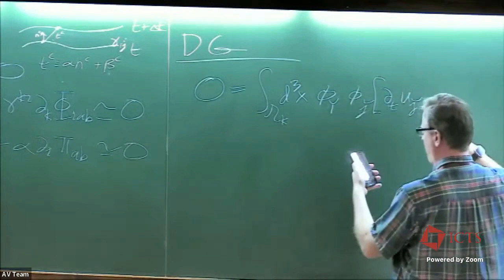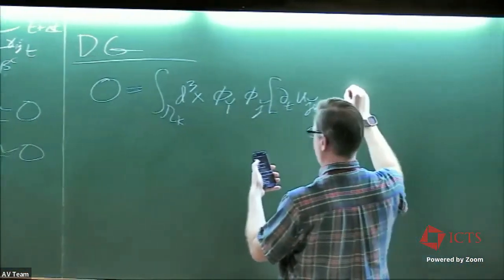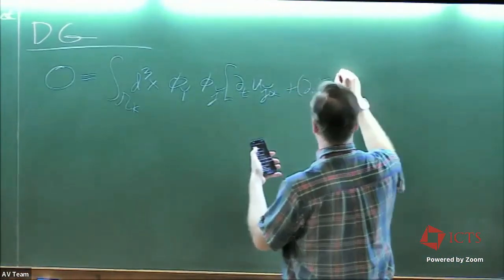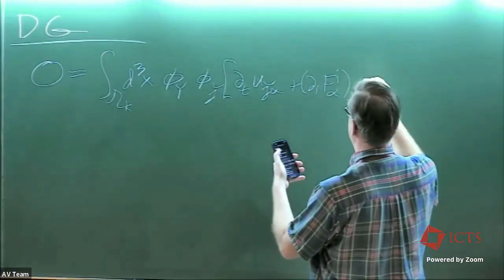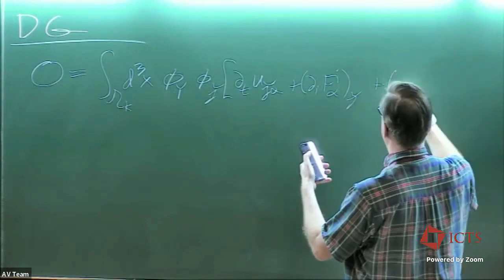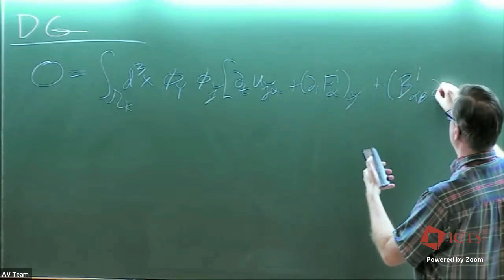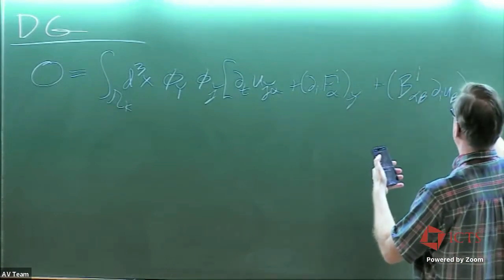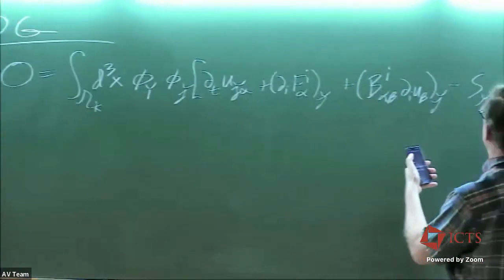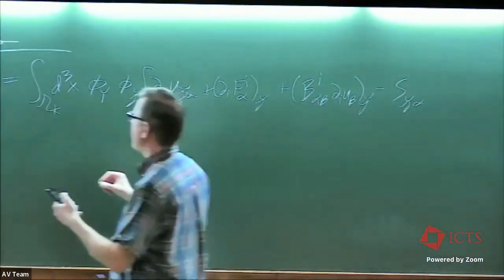Let me remind you that repeated indices are summed over, plus a flux term, partial i f i alpha, and then there are the non-conservative terms. These are the B's I was just mentioning, B i alpha beta, partial i u beta, minus the source terms, S breve alpha.